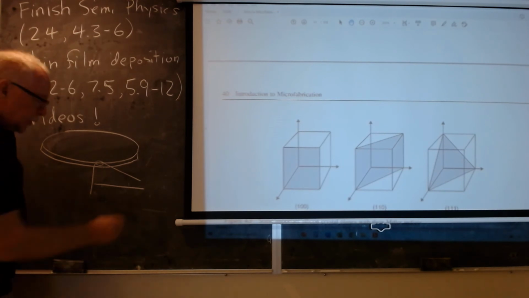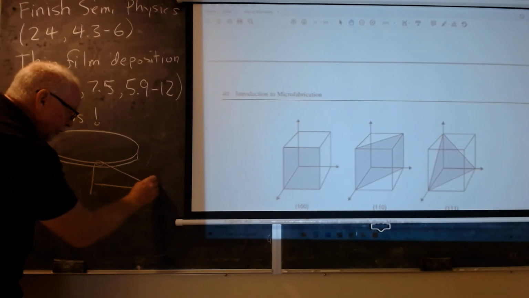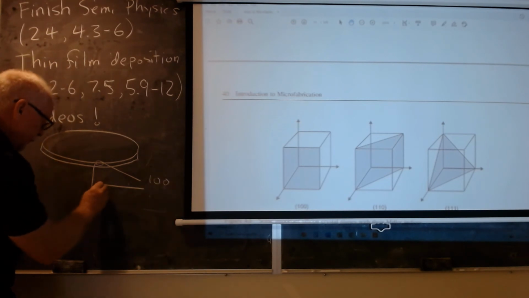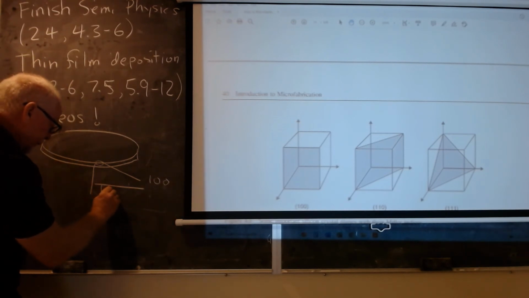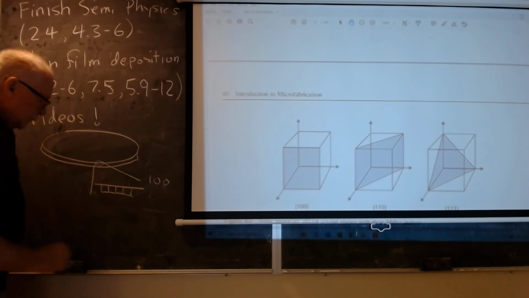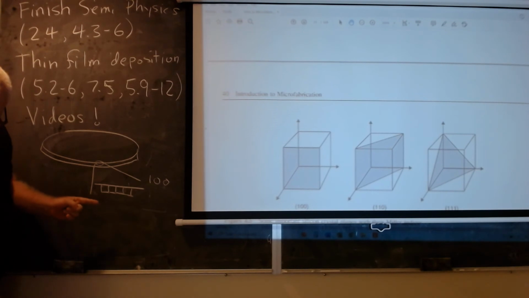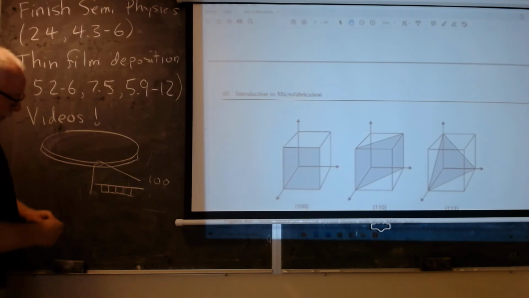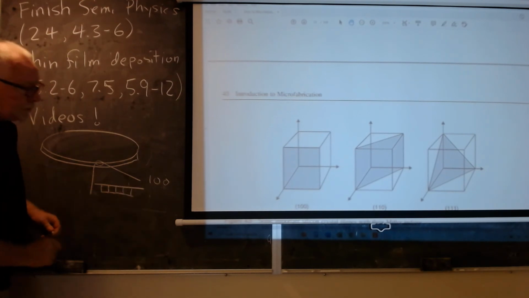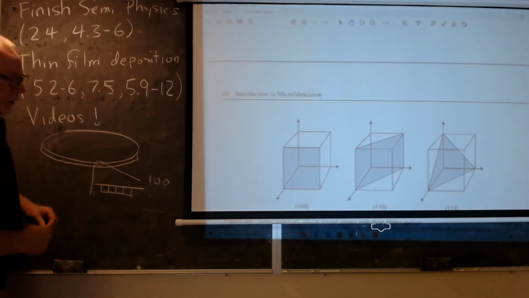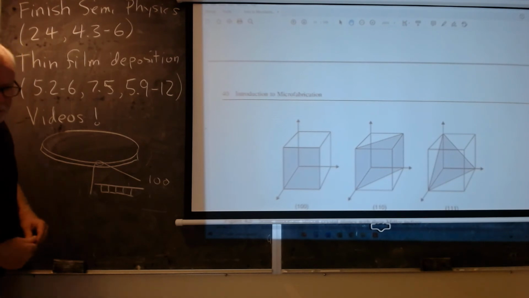And so if it were to be a 1, 0, 0, then it would look like this. Meaning, it's like I took those boxes, and those boxes were just stacked up against each other in a surface, that would be a 1, 0, 0 plane. And so that's, of course, the easiest to understand.